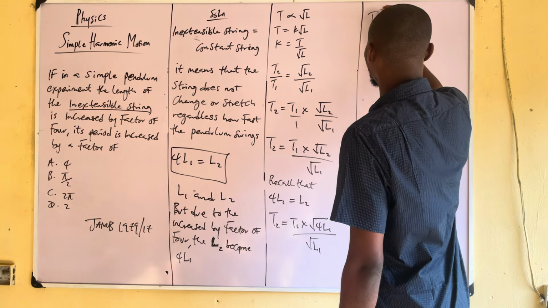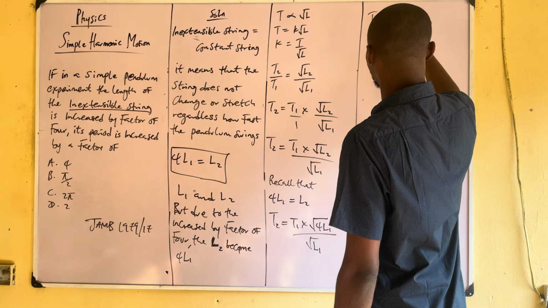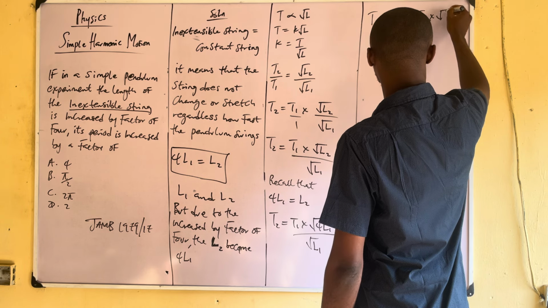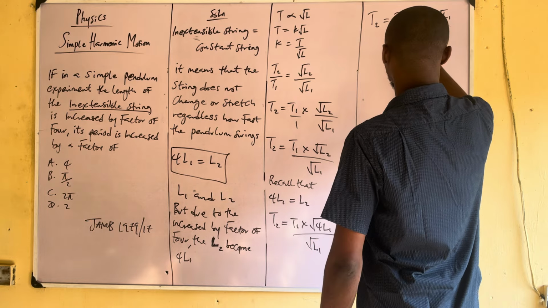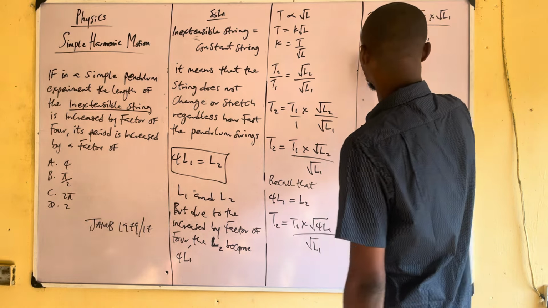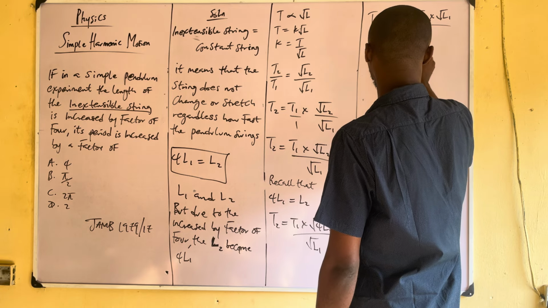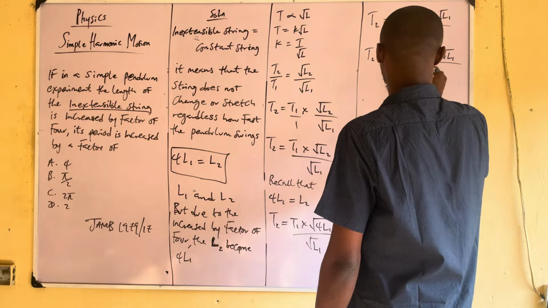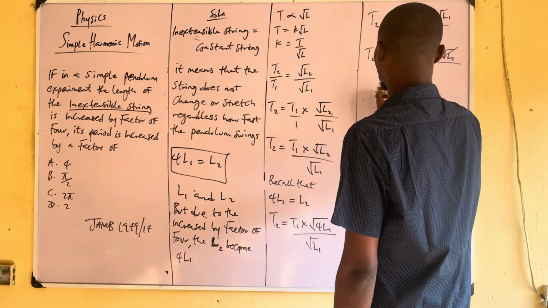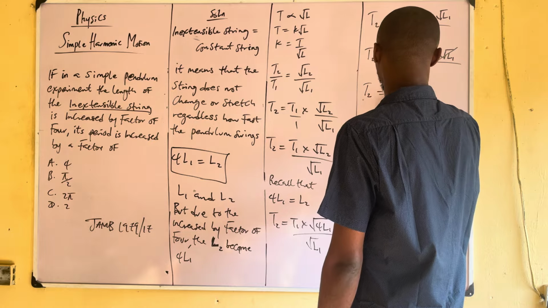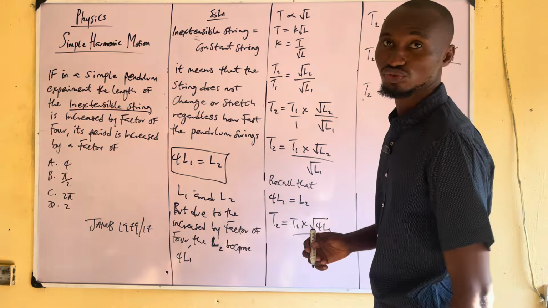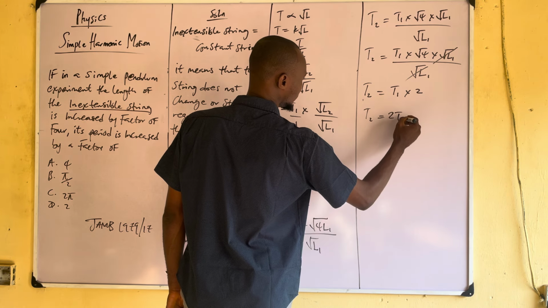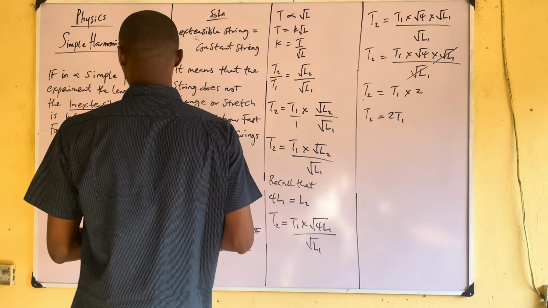You say T2 is equal to T1 times, separate this, root 4 times root L1 over root L1. This will cancel this. We have T2 equal to T1 times 2, because root 4 gives us 2. So T2 is equal to 2T1.